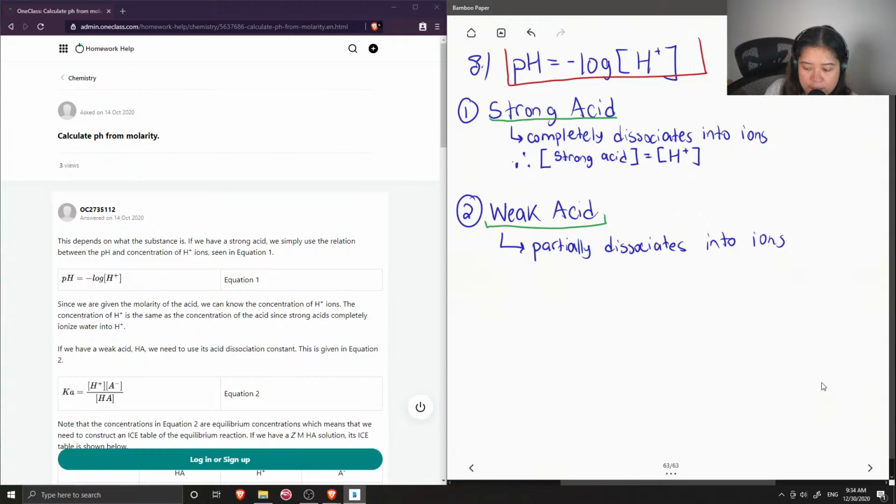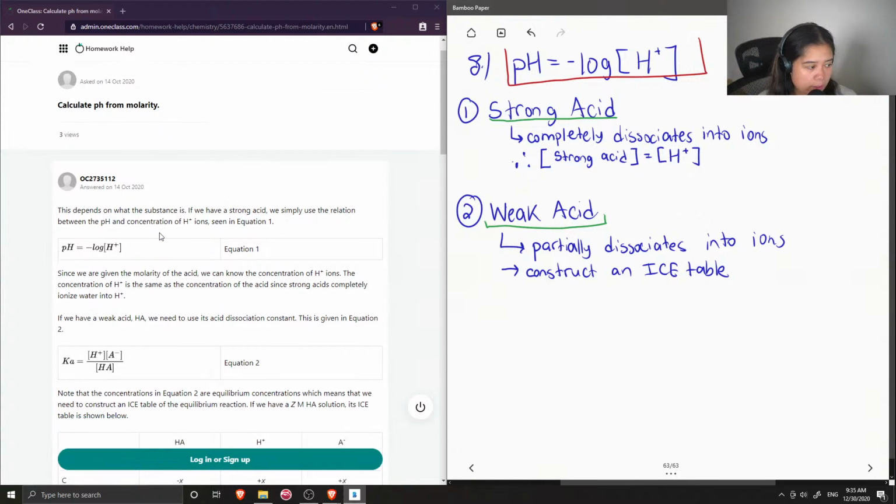So in cases like this, we need to construct an ice table. Then once we have an ice table, when we solve for X, that will be equal to the concentration of H+, and then we can solve for pH.